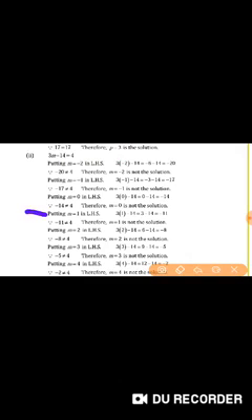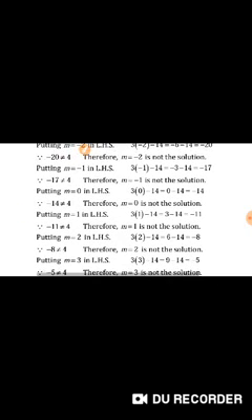Again try other values. So putting m is equal to minus 1. Okay, minus 1 and so on. So minus 1 means 3 into minus 1 is minus 3, and minus 3 minus 14 becomes minus 17. You learned this in integers.